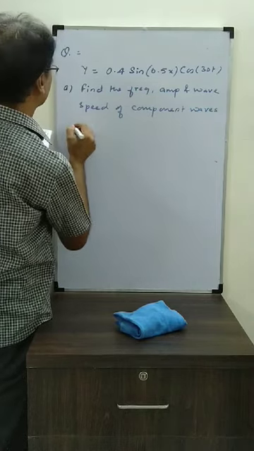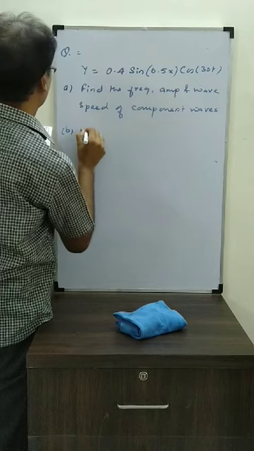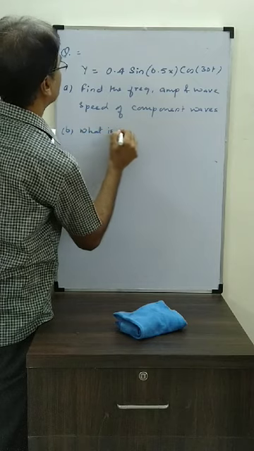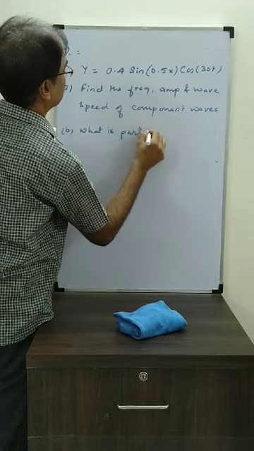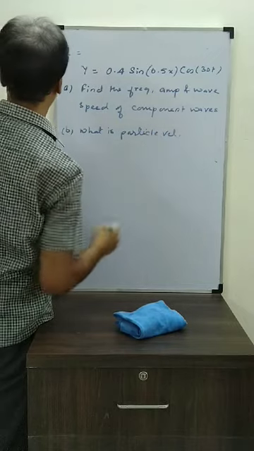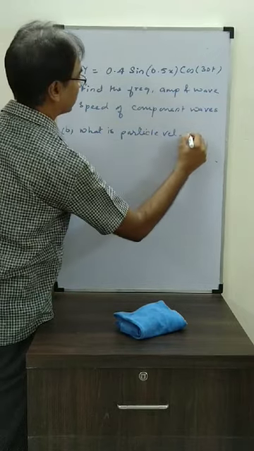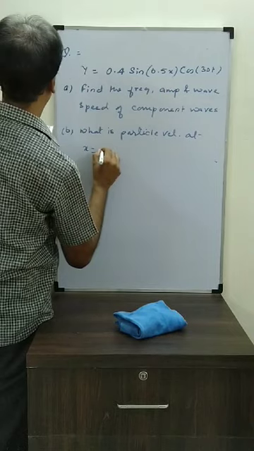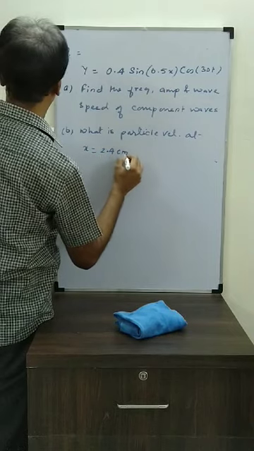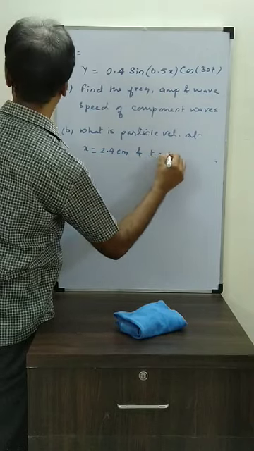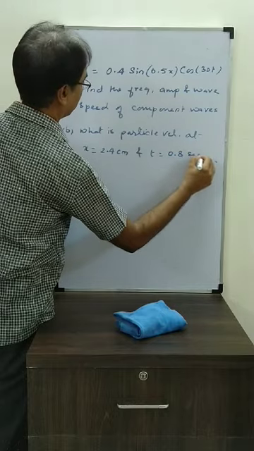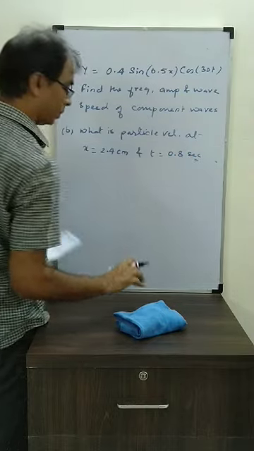And the second question: what is the particle velocity at x equal to 2.4 centimeter and t equal to 0.8 seconds? Okay, this is the question.